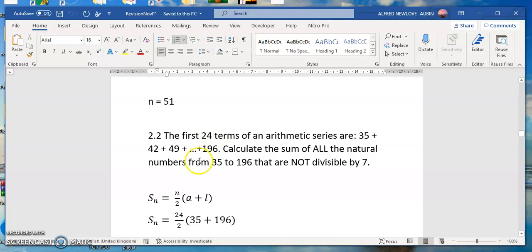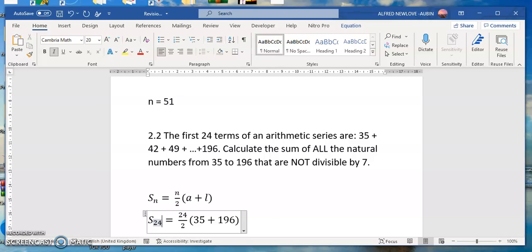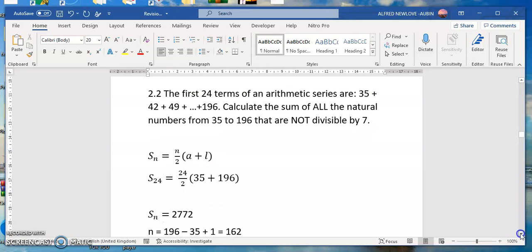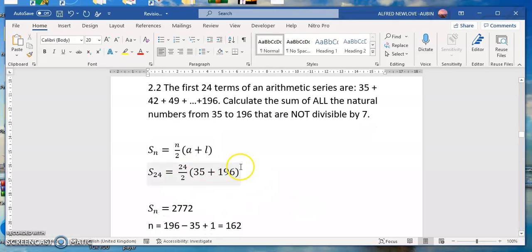Alright, so here we are finding the sum of the first 24 terms. Here n is 24, and our a is 35, and our last term is what? 196. And if you press this on the calculator, you are going to get this one.